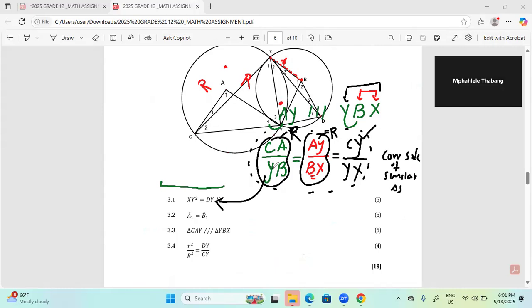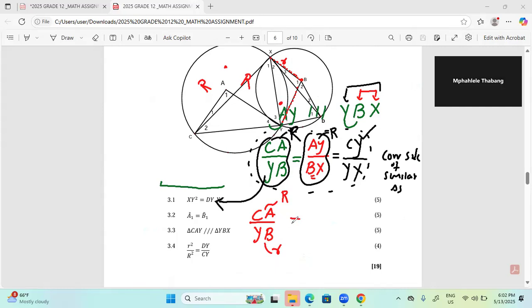I think CA over YB, I know I have to pick it. So CA over YB, I'm going with it, because CA is capital letter R, and YB is small letter r, the radius of the smaller circle, because B is the center.